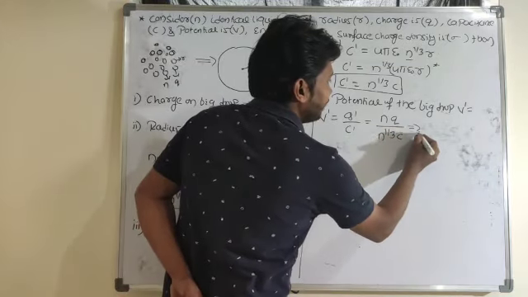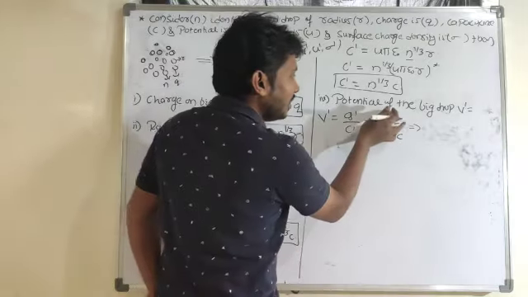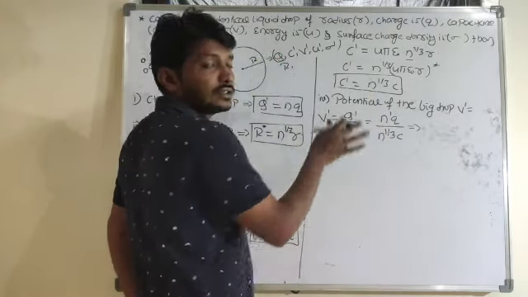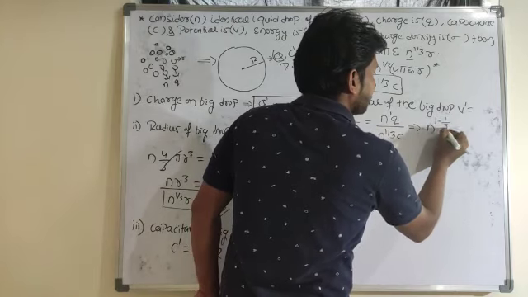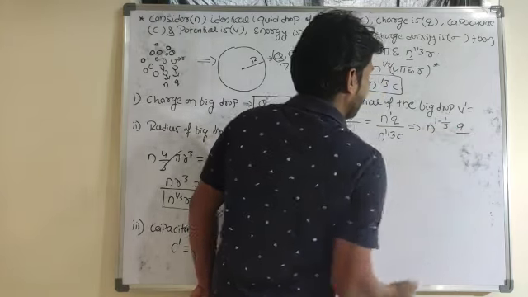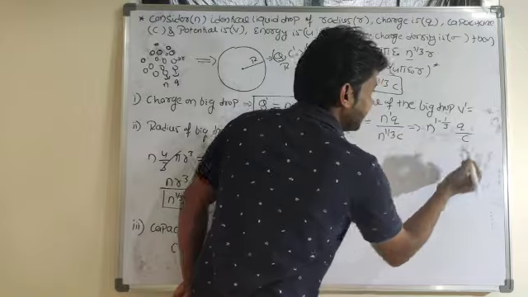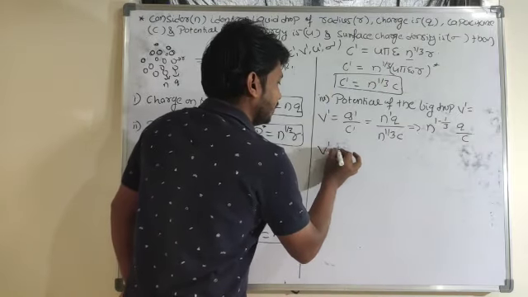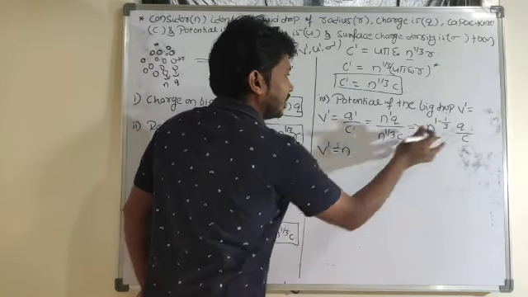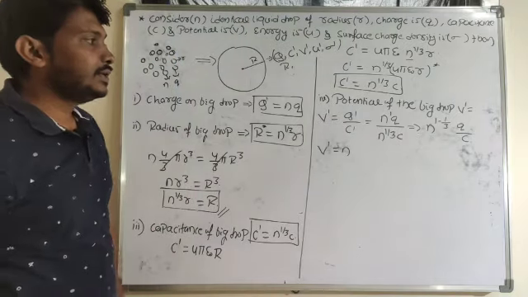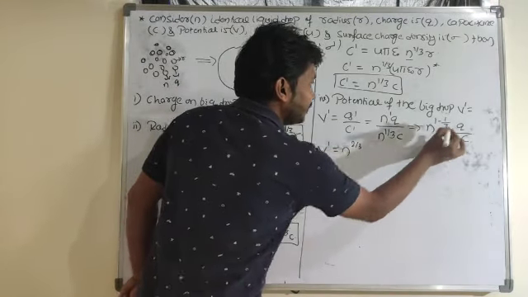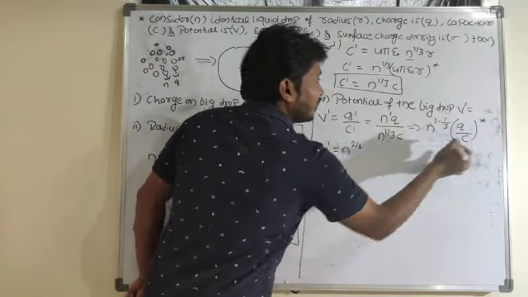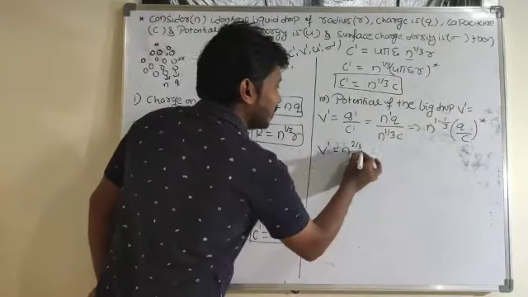So let me simplify this equation. n to the power of 1, if it goes to the numerator, becomes n to the power of 1 minus 1 by 3, into Q divided by C. So that is n to the power of 2 by 3 into Q by C, which is nothing but the potential of the smaller drop.